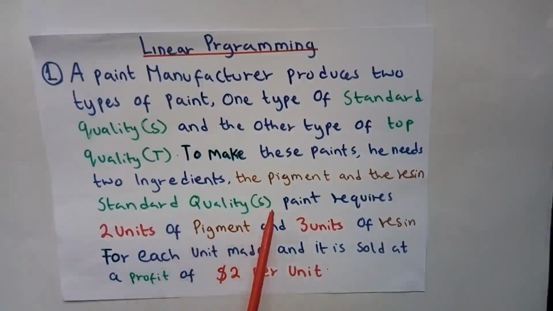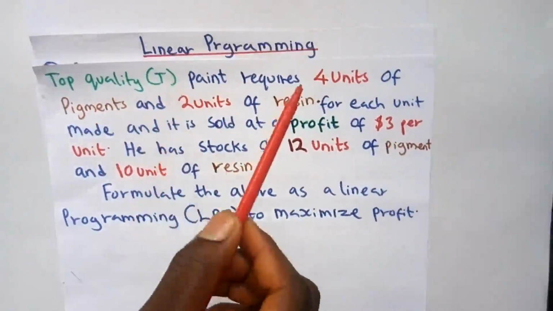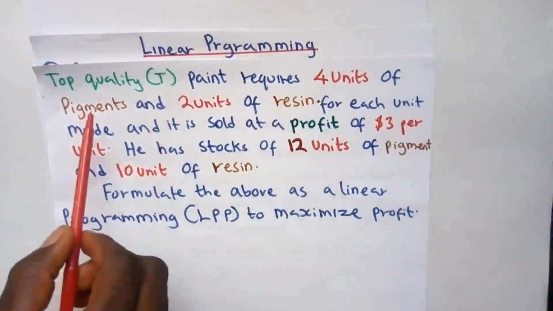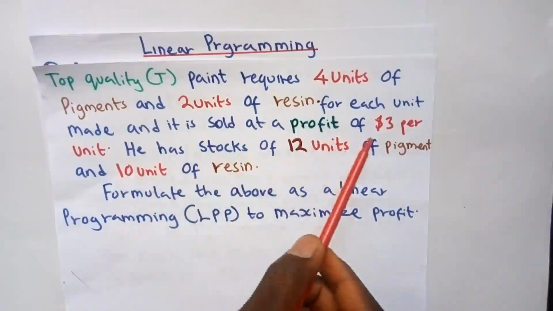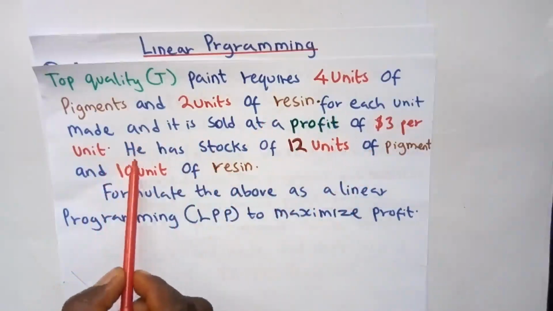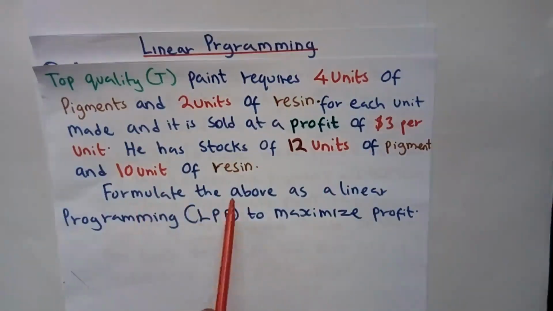Standard quality paint S requires 2 units of pigment and 3 units of resin for each unit made, and it is sold at a profit of $2 per unit. Top quality paint T requires 4 units of pigment and 2 units of resin for each unit made, and it is sold at a profit of $3 per unit. He has stocks of 12 units of pigment and 10 units of resin. Formulate the above as a linear programming problem to maximize profit. This is the end of the story.